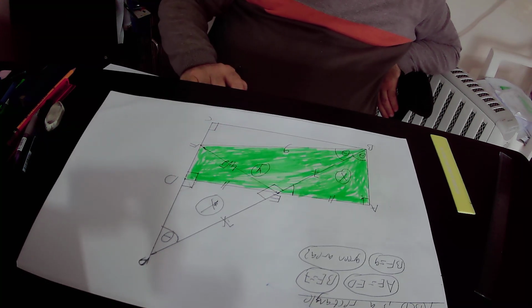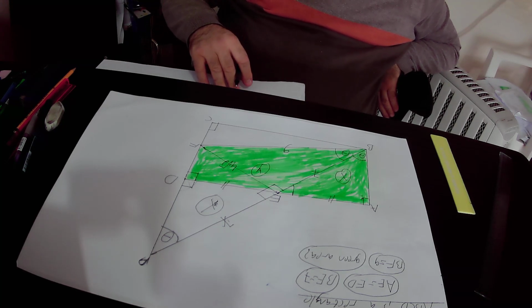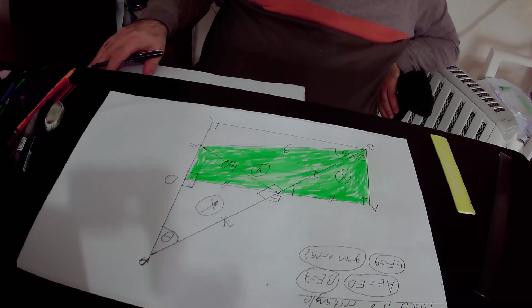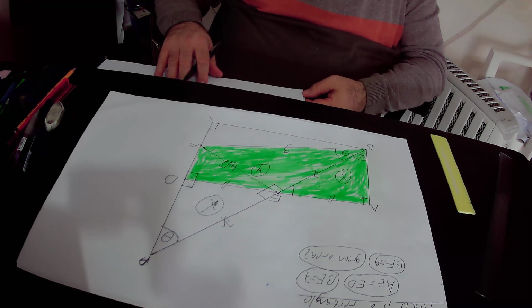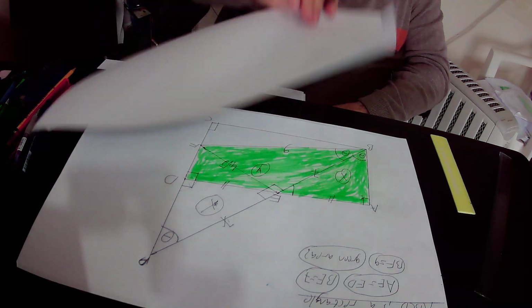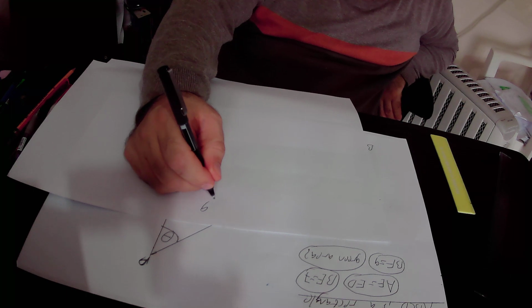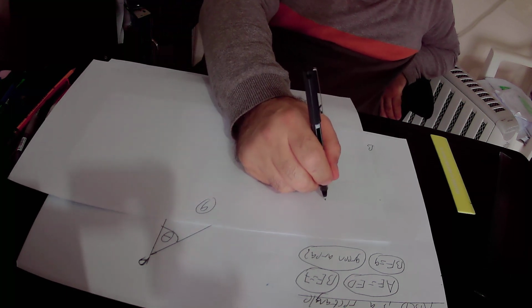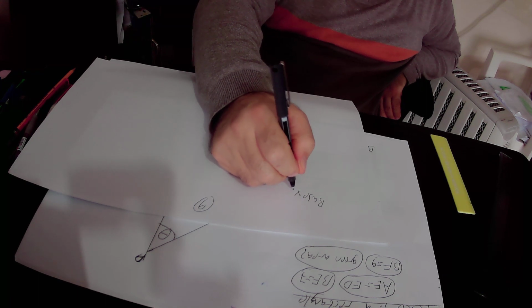So what is the area of triangle PBF? The area of triangle PBF equals the base of the triangle times the height over 2.